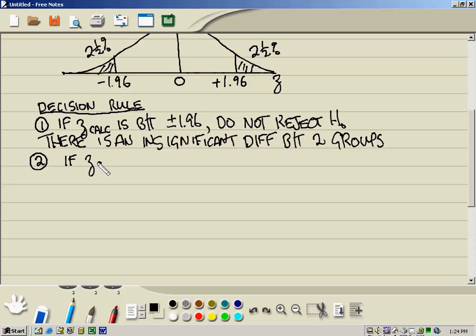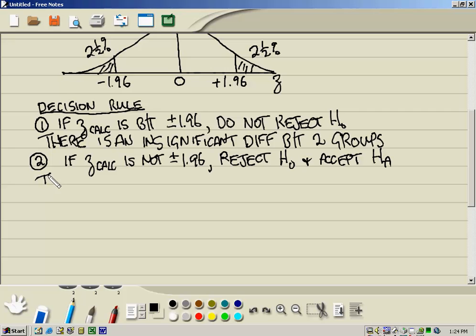Alternatively, if z-calc is not between positive and negative 1.96, then we're out in the tails. It's too far. The two values are too far away from each other. We'll reject the null as unlikely, and in its place accept the alternate.